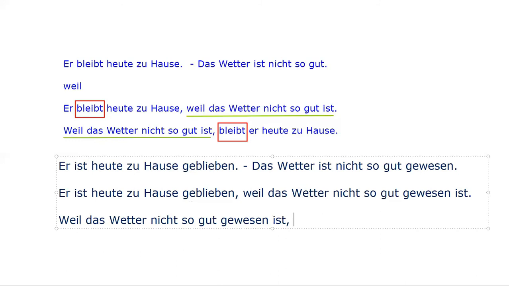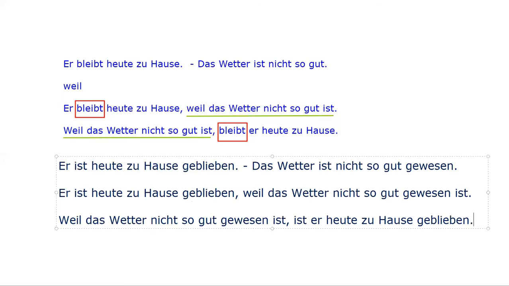Looking at the subclause being first place, second place will be the main verb, the conjugated verb, which is actually the auxiliary verb, the helps verb, ist. So I would have ist, and the rest of the sentence stays exactly the same: zu Hause geblieben. So, weil das Wetter nicht so gut gewesen ist, ist heute zu Hause geblieben.